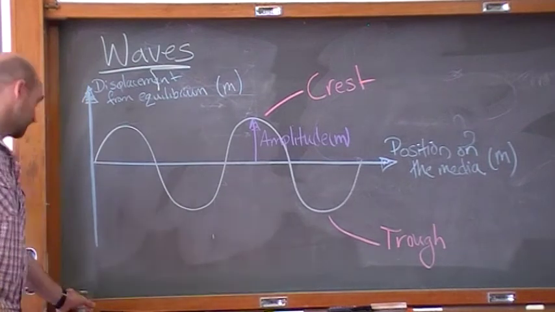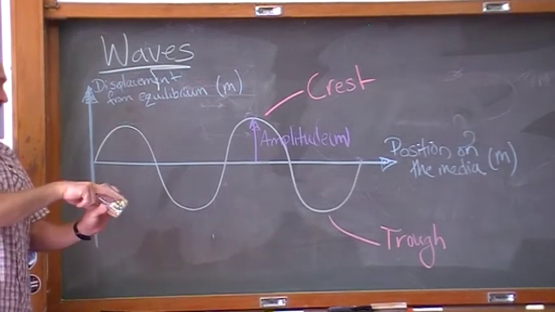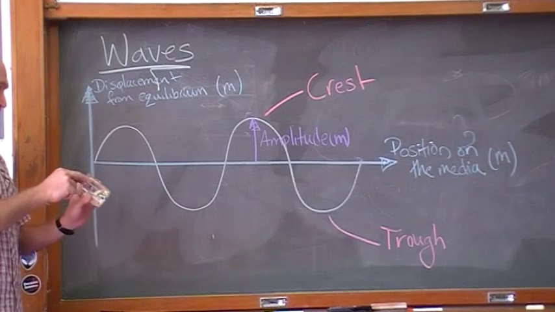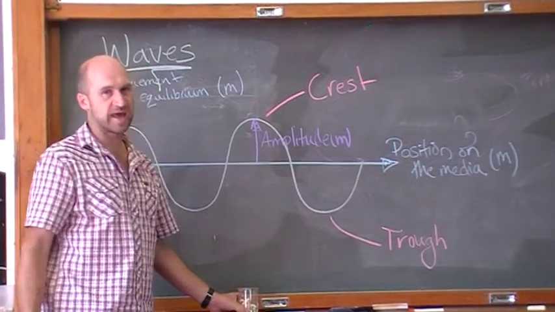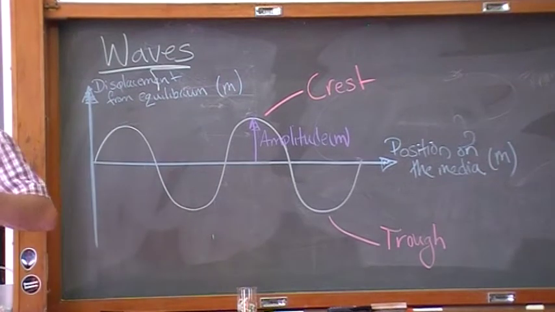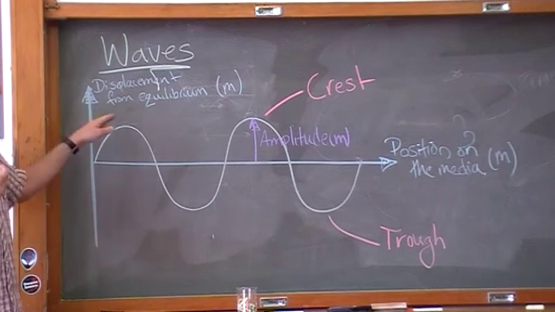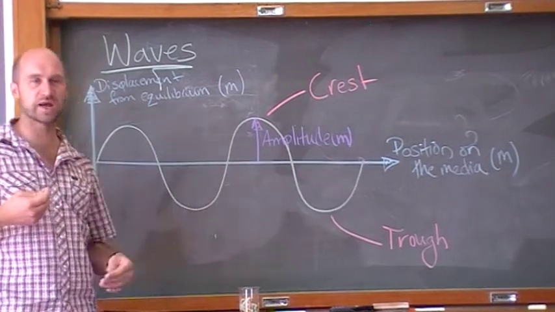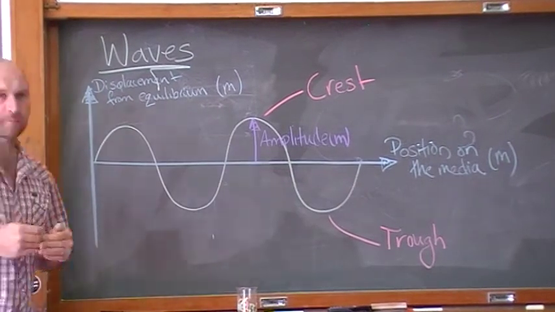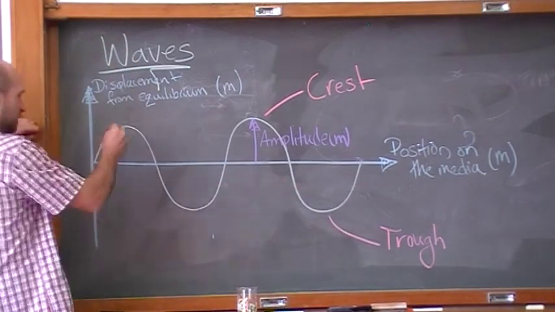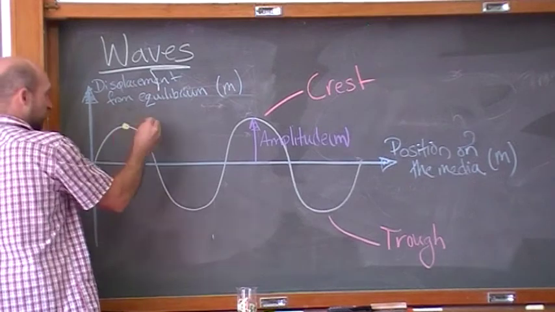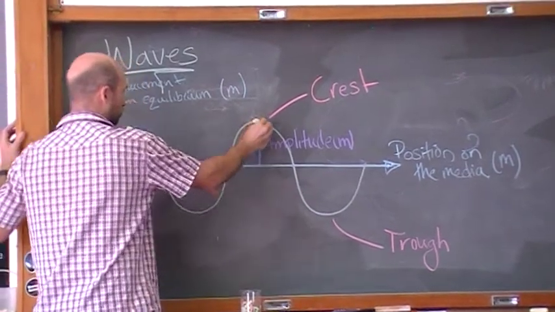The new symbol for the day that we have to learn is for measuring the wavelength of the wave. And wavelength is from one point on the wave. You can see how it's a repeating pattern that's going on here. It's from one point up until where that point is repeated. So an easy way of doing it is from one crest to the next crest.